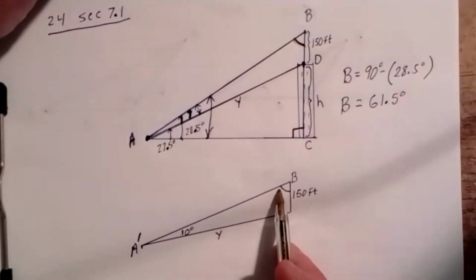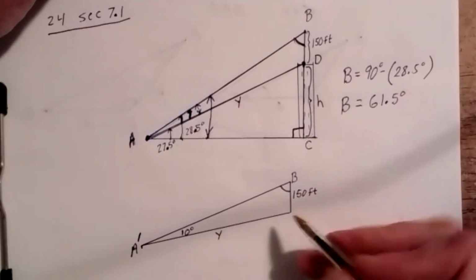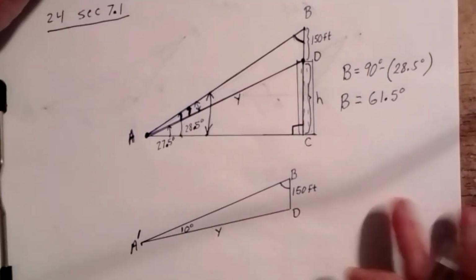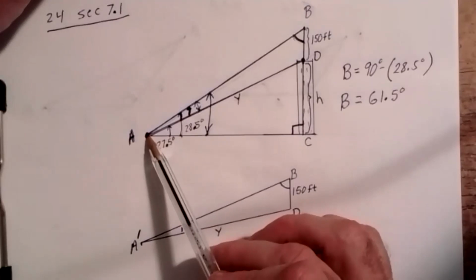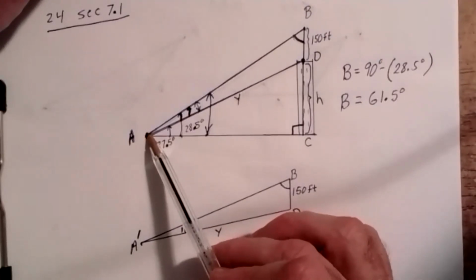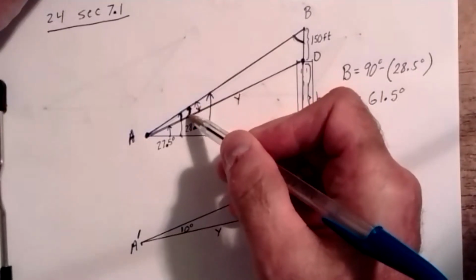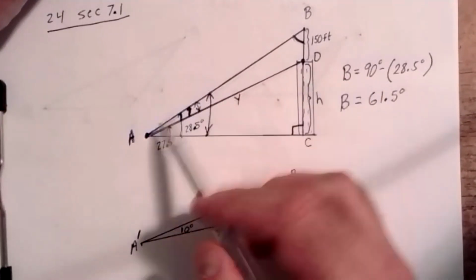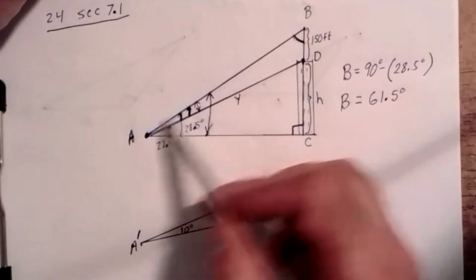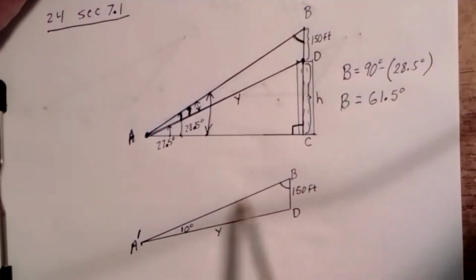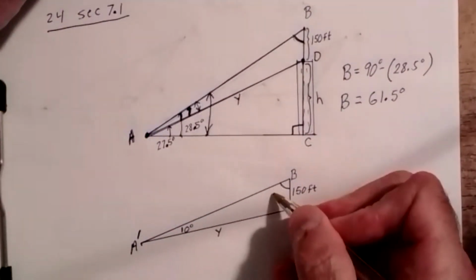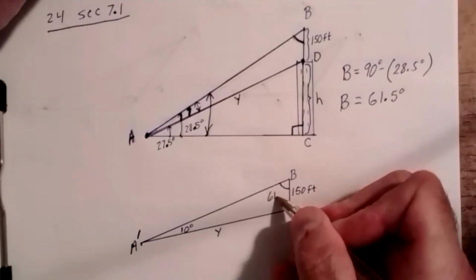Well, ladies and gentlemen, that's going to be angle B of the triangle that I extracted from the diagram here. Everybody see this? I pulled out triangle A prime BD. A prime is this little angle here, which is 10 degrees. We know this angle B now is 61.5 degrees.